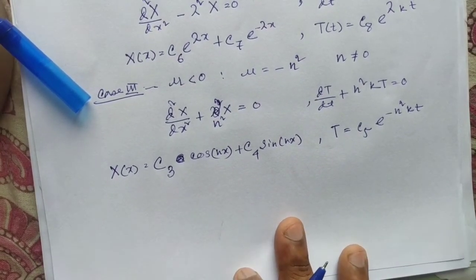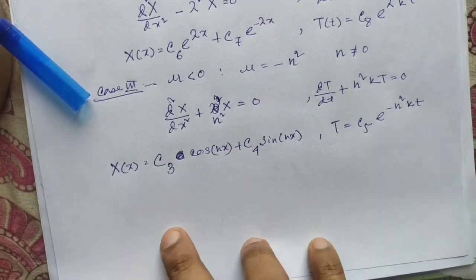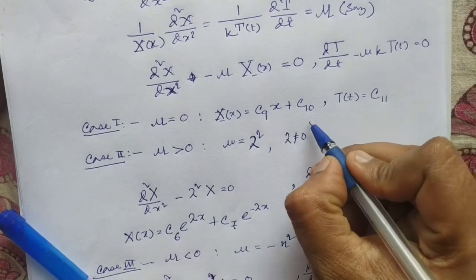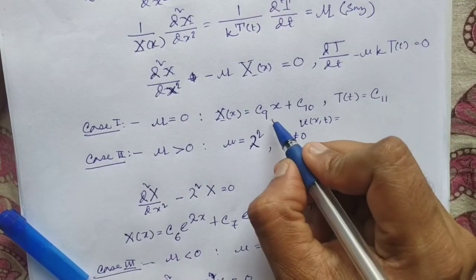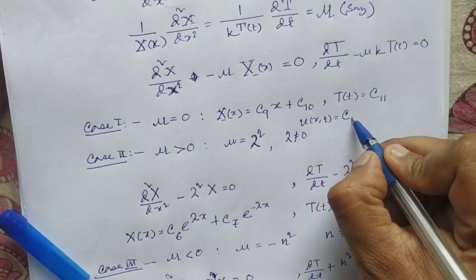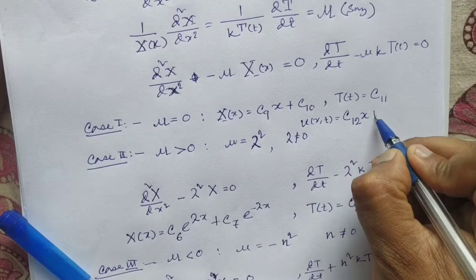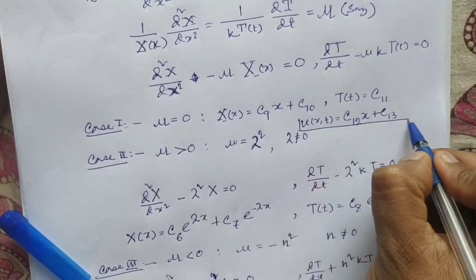So there are various possibilities of solution, right? Number one possibility, from there you can write u of x,t is equal to C11 multiplied with, say, C12 x plus C13. So this may be a possibility.